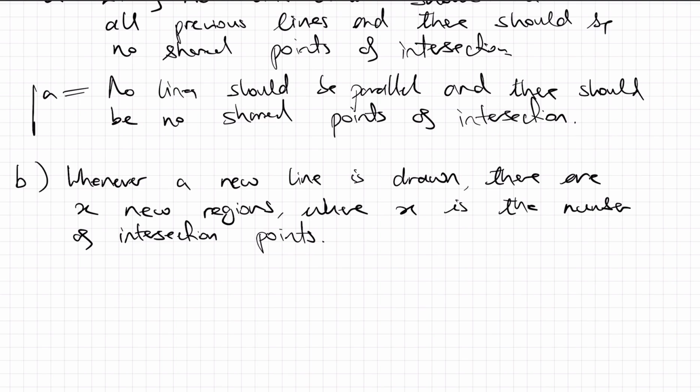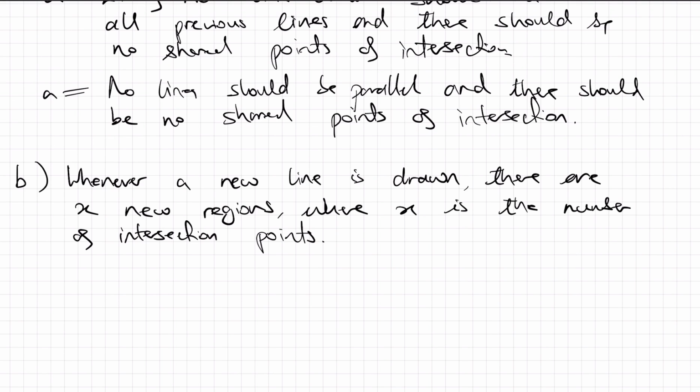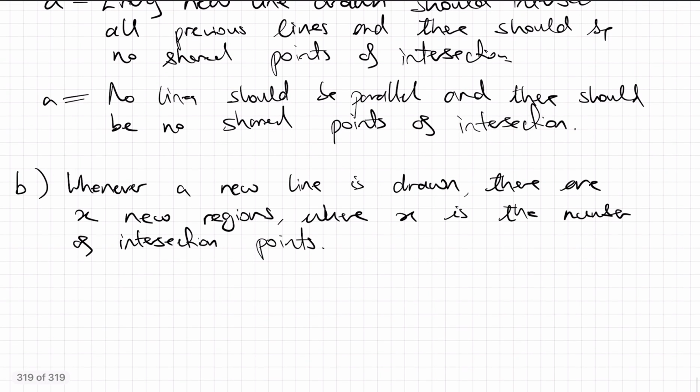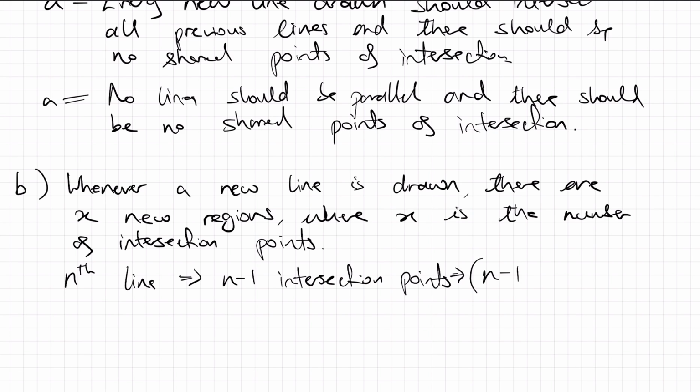And following the advice, the answer to part A, if we ensure that each new line has the maximum number of intersection points, so if we're drawing the nth line, like that would imply it has n minus 1 intersection points, which in turn implies n minus 1 new regions.